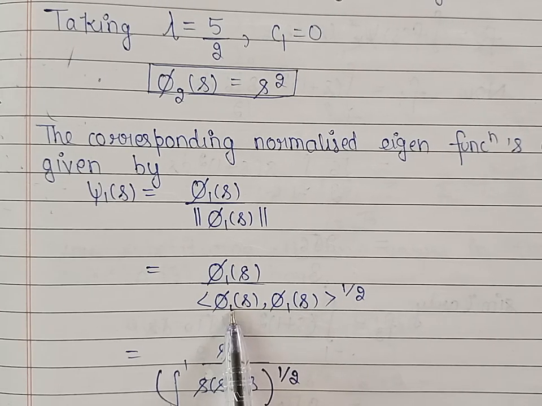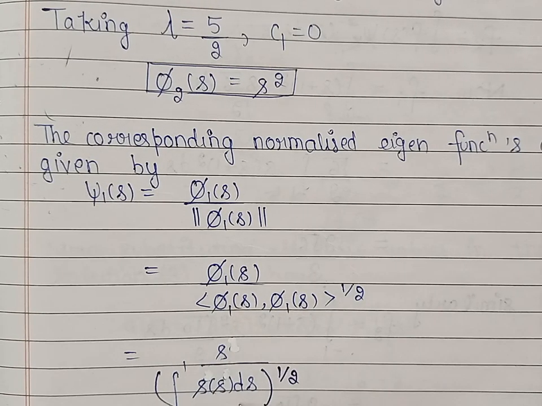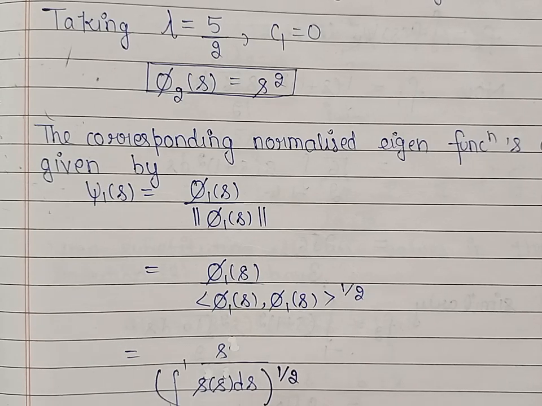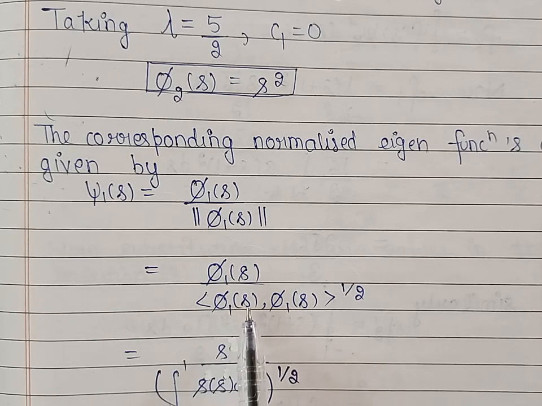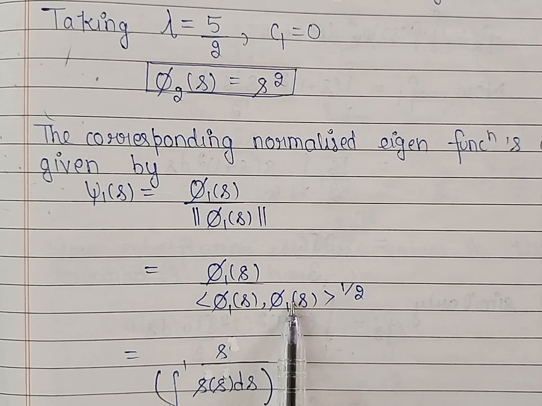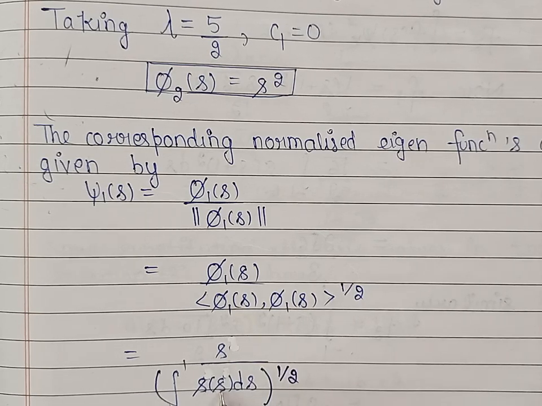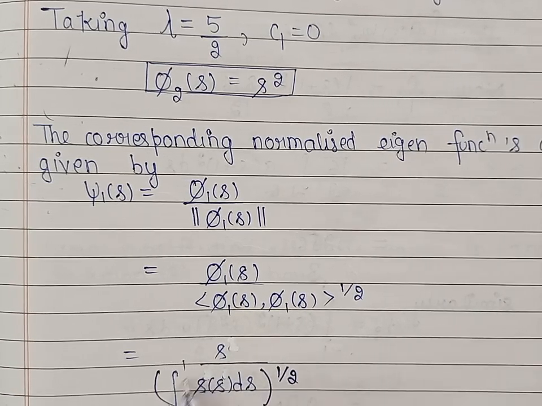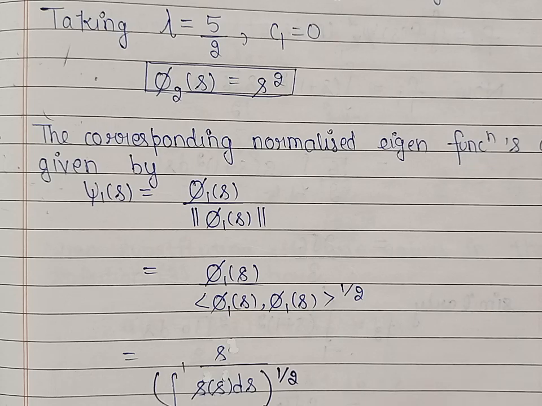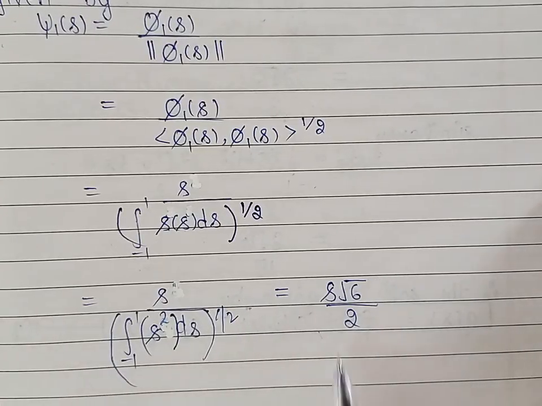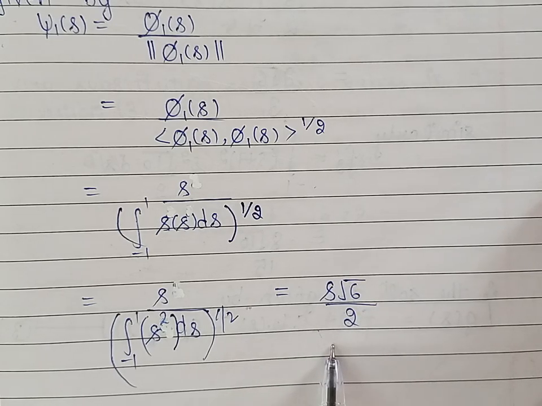Now the function phi 1 is s, so by definition of inner product, this will be integral from minus 1 to 1, the product of first function with the conjugate of second. So we get s into s here. Simplifying this integral, we get the first normalized eigenfunction psi 1 is equal to s into root 6 divided by 2.